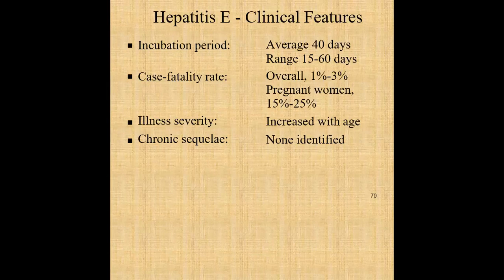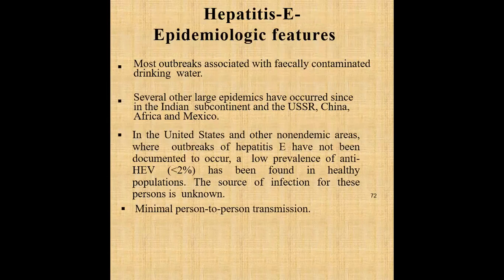Chronic sequelae are not identified in the case of hepatitis E. The epidemiological features that you have to observe are that most of the outbreaks are associated with fecally contaminated drinking water. If fecal matter is found and the water is contaminated by direct or indirect contact, then the transmission of this disease is carried out.